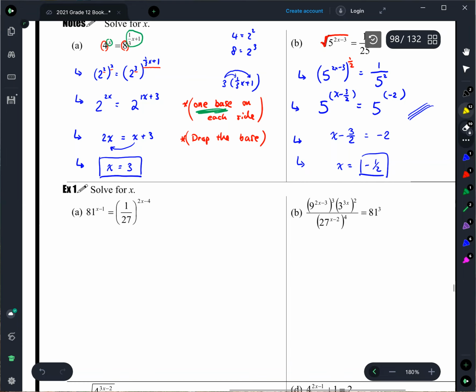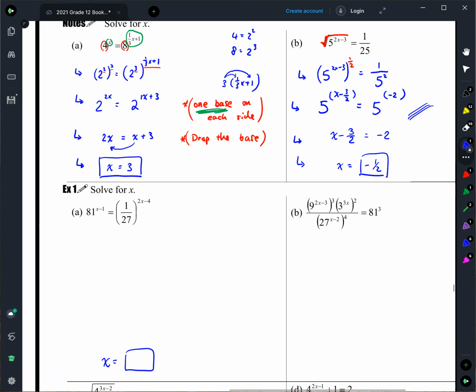So you can go all the way now, okay? So try it out, see if you can get the X. Once you found the X, you can raise your hand. For this question, the answer is a fraction, okay?